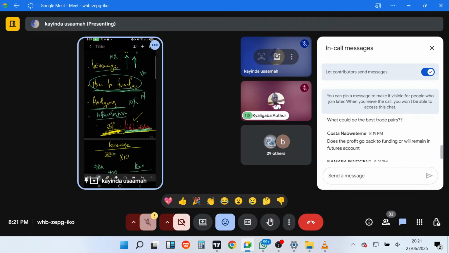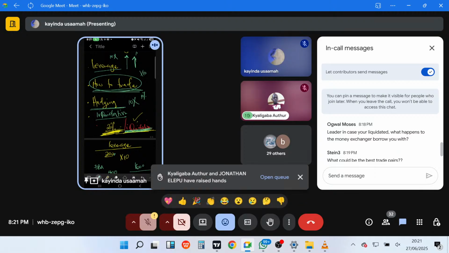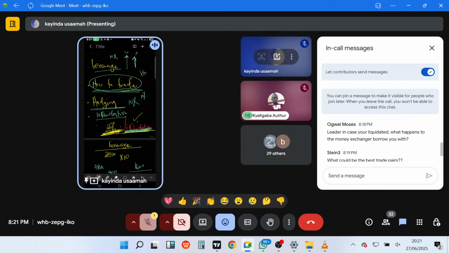But what Moses is asking, leader, is in case you are liquidated, what happens to the money the exchange borrowed you? That money is not real, by the way. The money Binance borrows you is not real money. It's makeup, just like a beautiful girl we find in the mall, or all those girls we find on TikTok.